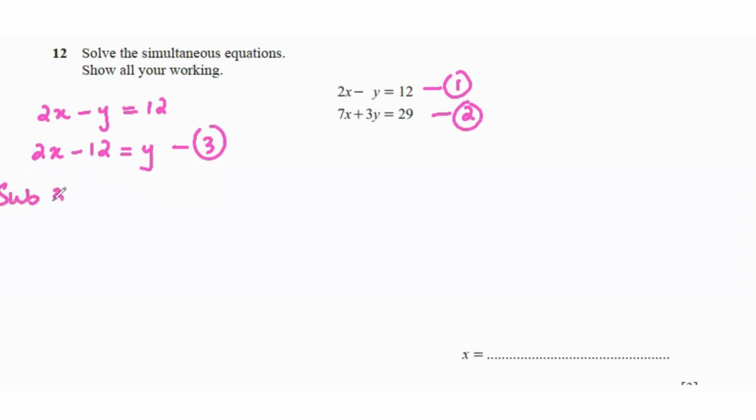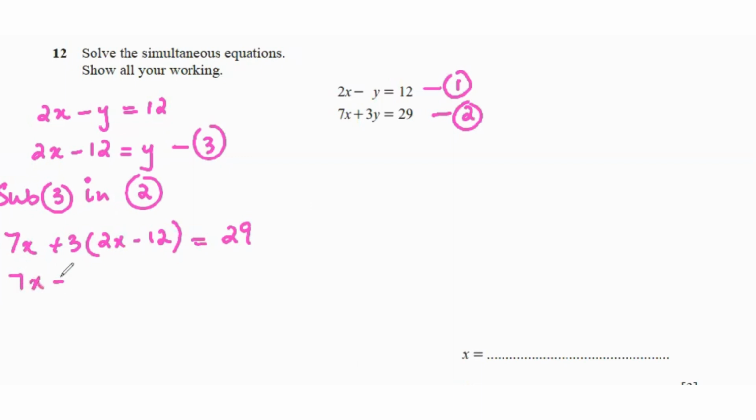Now I'm going to substitute the third equation into the second equation so that the entire equation is just in terms of x. So we'll have 7x plus 3 times (2x minus 12) equals 29. As you can see now, we have just one unknown variable in this equation, so it's easier to find the value of it.